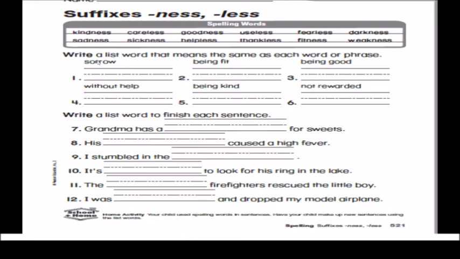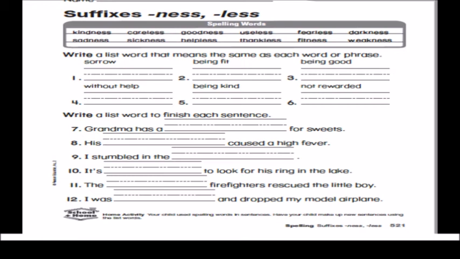Write a list word that means the same as each word or phrase. We want to write the same meaning.